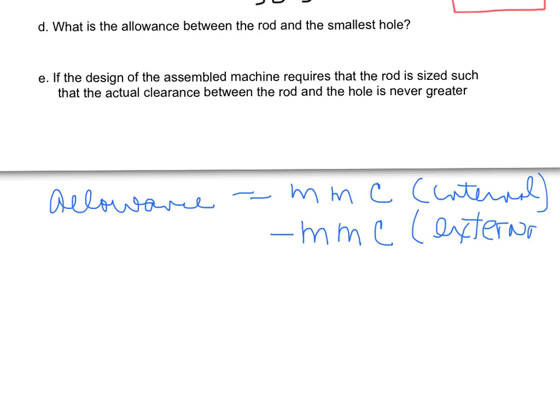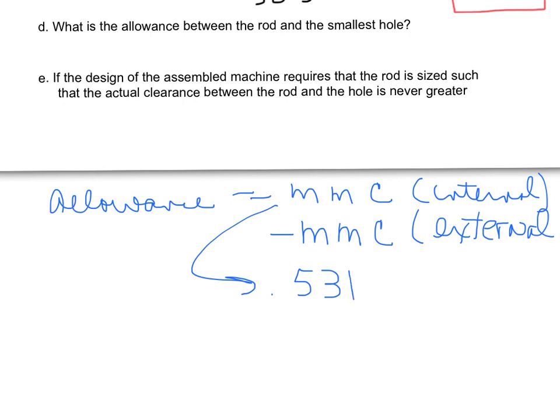Allowance is maximum material condition of the internal minus the maximum material condition of the external. So for you to maximize your material with the internal, you're going to make the tightest hole possible. The tightest hole possible for that smallest hole on the arm is going to be 0.531.